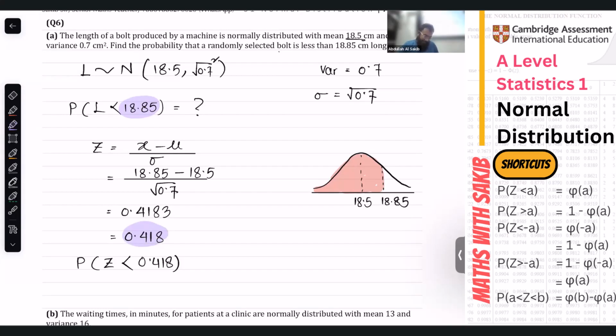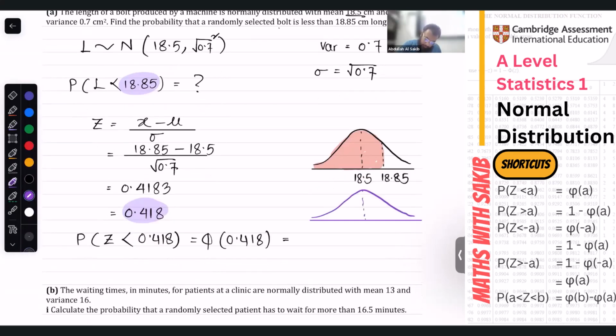Clear? And this means phi of 0.418. Find the value of phi of 0.418. So this is a standard normal distribution table. Phi of 0.418. So what's the value of phi of 0.418? 0.662.